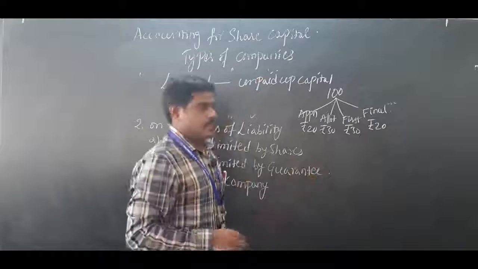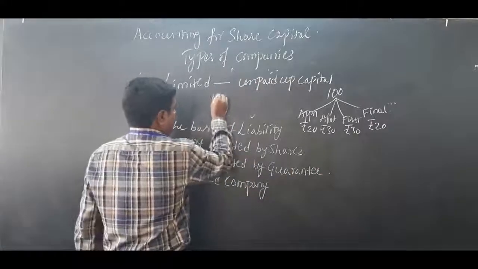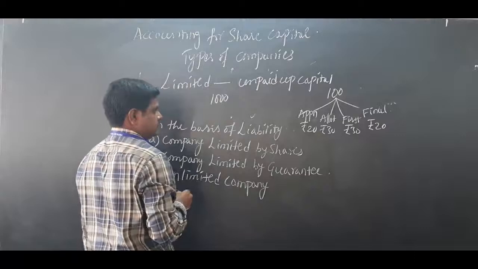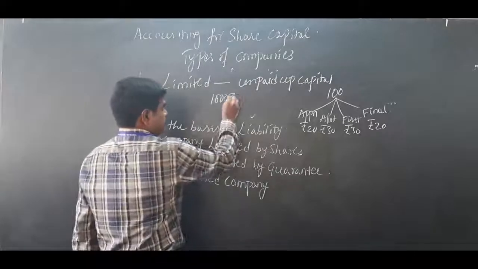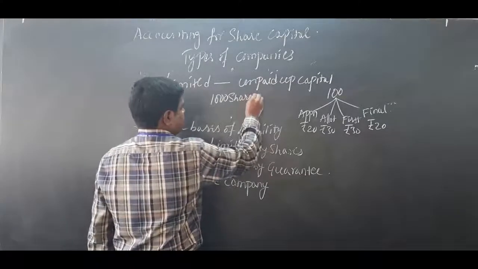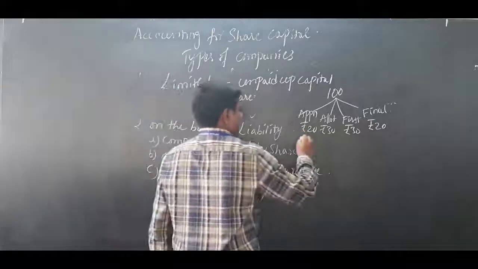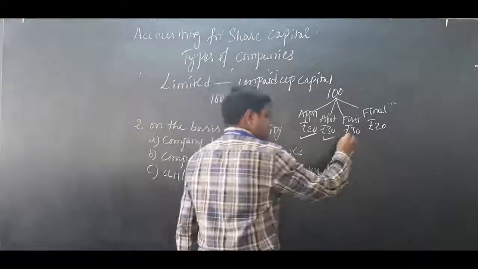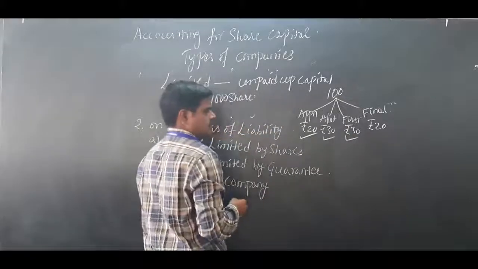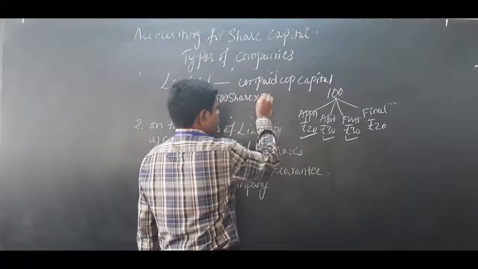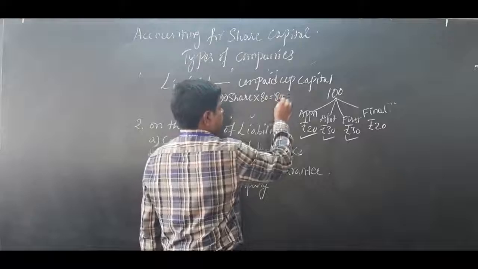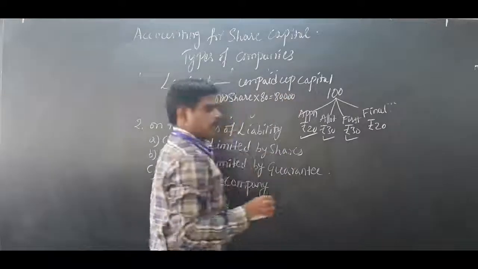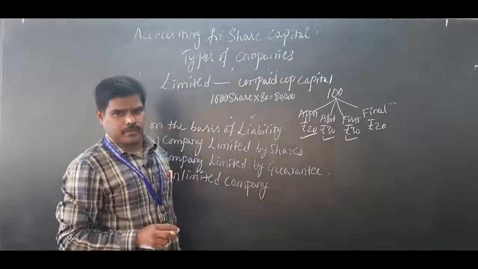For example, if I am interested in 1000 shares, I have paid application money, allotment money, and first call money. That means on 1000 shares I have paid 80 rupees each, 80,000 rupees to the company to become a shareholder.